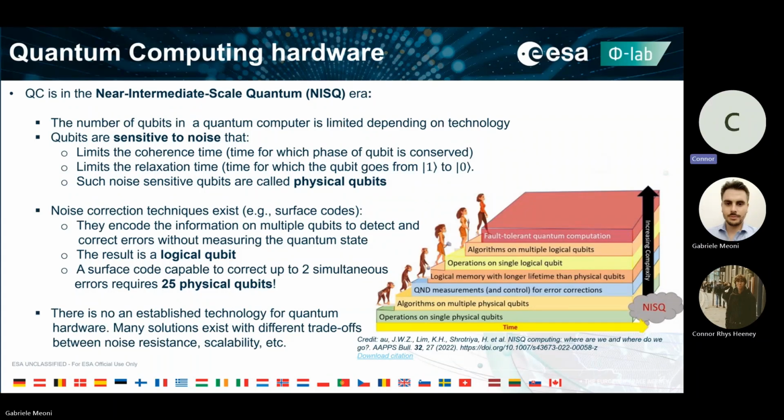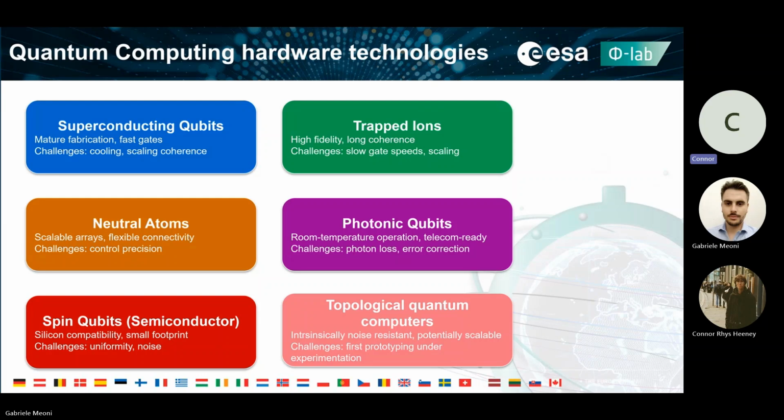Also, differently from conventional computing, there's no well-established technology for implementing quantum computers, in the sense that there are different techniques with different parameters, trade-offs, advantages and drawbacks. Probably the most advanced in terms of qubits is superconducting qubits, which allow, if I remember correctly, 1,000 qubits nowadays. But you have others that have different properties. For instance, photonic qubits can run at normal temperature.